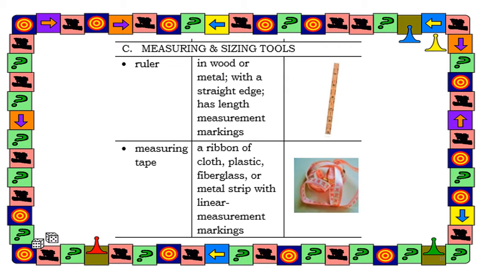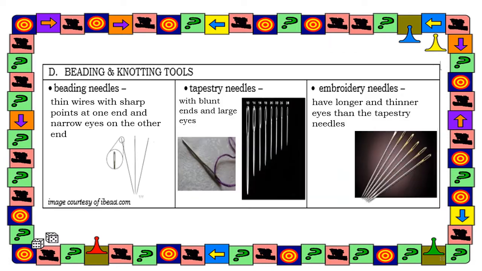Then we have the measuring and sizing tools. Then we have the ruler and the measuring tape. Lastly, we have the beading and knotting tools. For this, we have the beading needles.